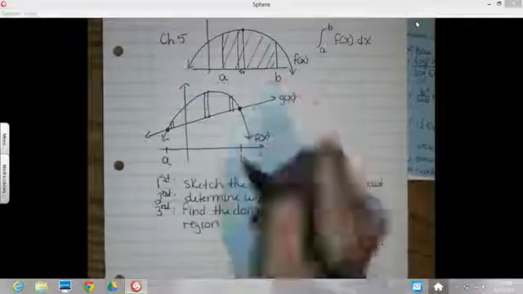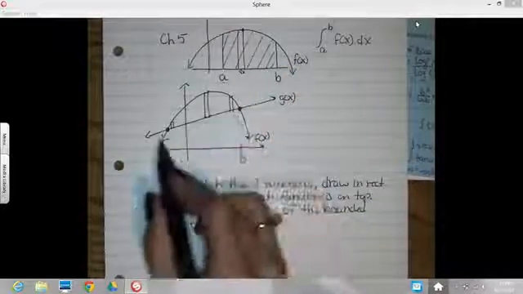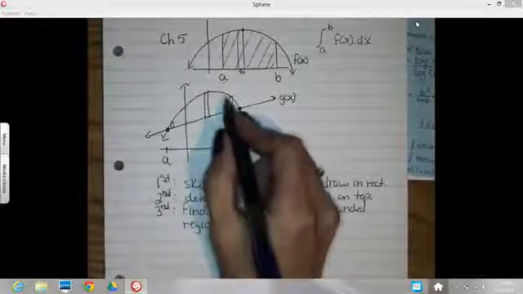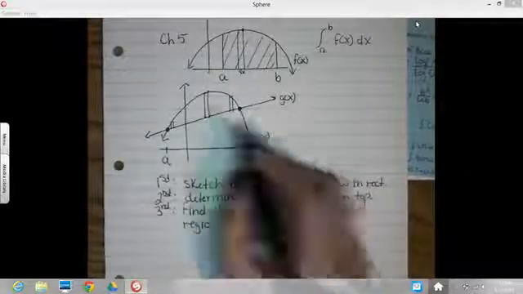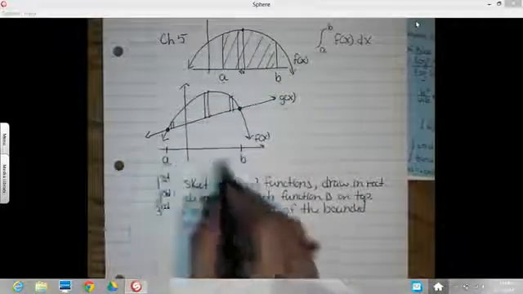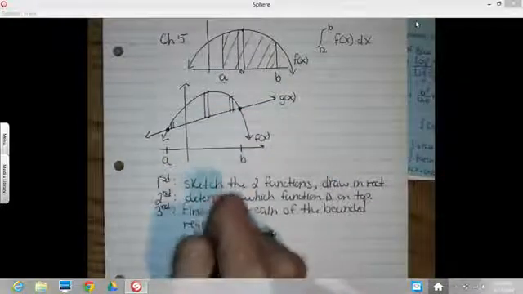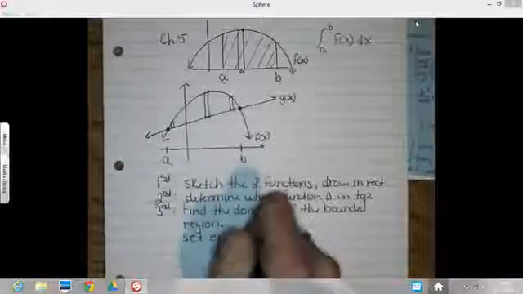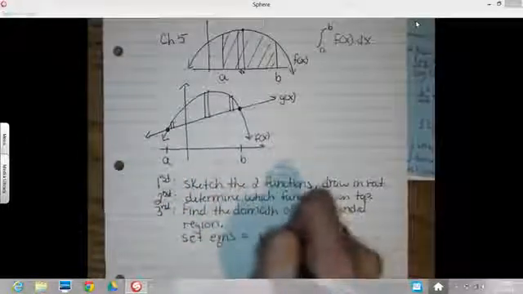So this would be our domain from the two intersection points. And you're going to find that by setting the two equations equal to each other, because they are equal at this point, and then we'll use those two x values. So you set the equations equal and solve for x.